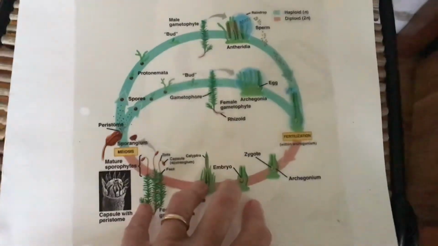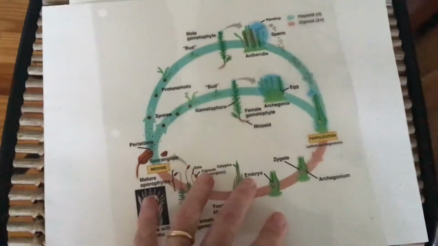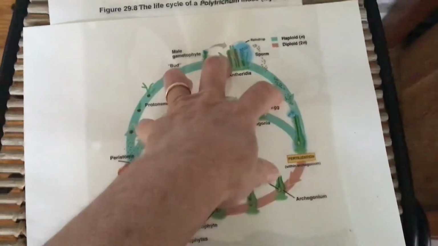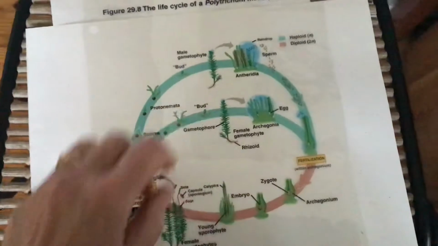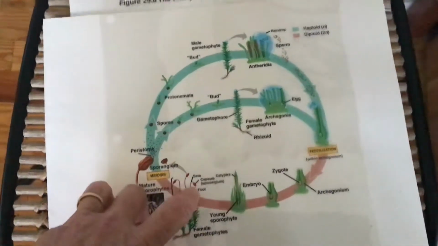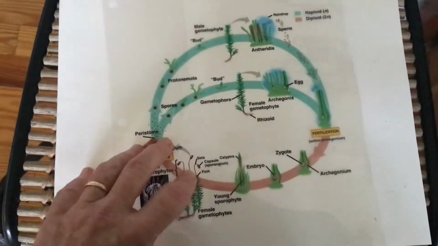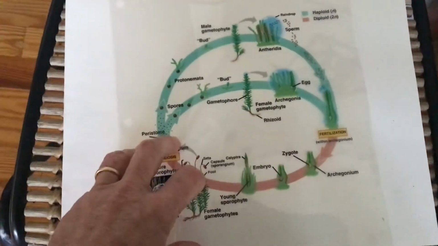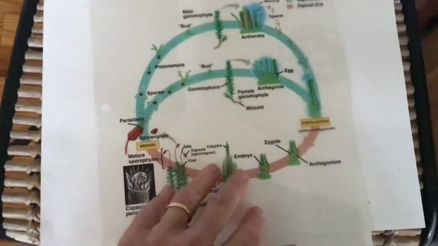When it switches over, this is what we call the reduction of the gametophyte. But right now, we have a strong gametophytic structure. If you saw a moss out in the wild, it would be the gametophyte, because the sporophytes are, first of all, short-lived, and secondly, they don't really show up easily. You have to really look for them, and we'll see those in the lab.